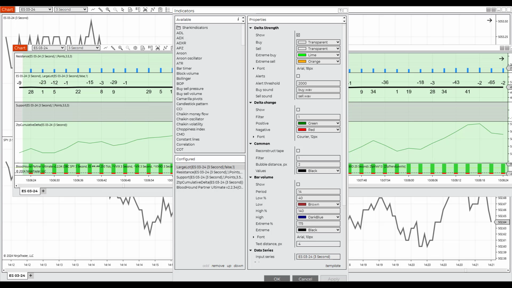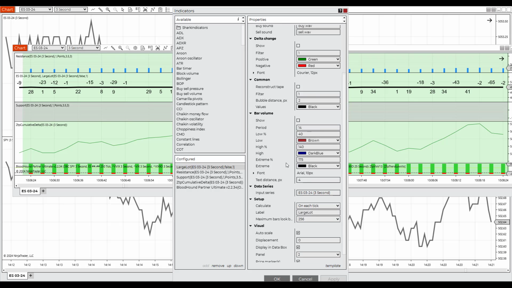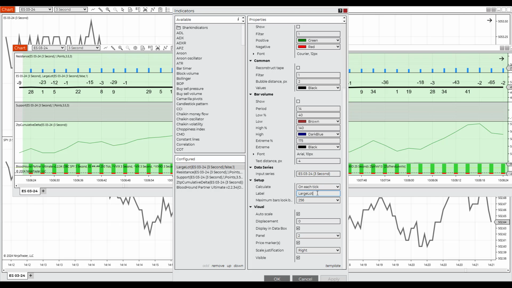Okay, we're going to be adding 5 indicators to this chart, and what I've called large lot is the ZoneTraderPro Delta Strength Indicator, and all I've done is rename it large lot right here in the label.